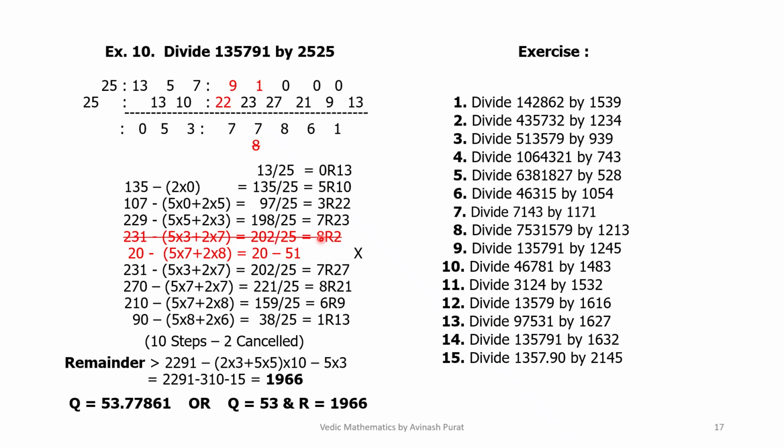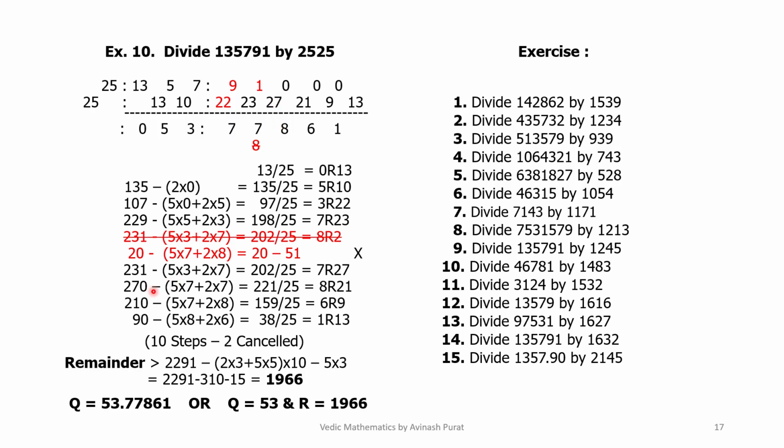Hence we cannot take 8 as quotient. We consider 231 minus 5 into 3 plus 2 into 7 equal to 202 divided by 25. We take quotient as 7 and remainder is 27.